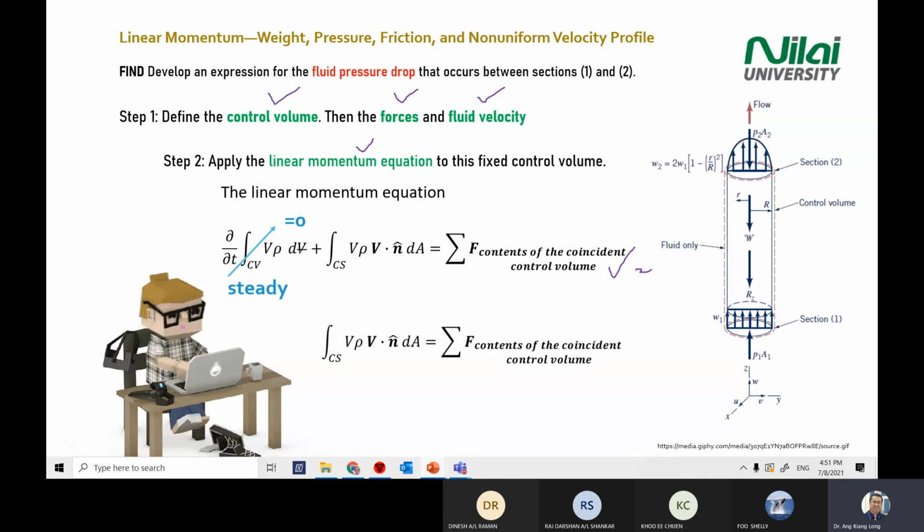Then you rearrange, and you reach this stage where you have an integration over the control surfaces, V rho V dot n hat. Write it properly in your answer as n hat. n hat is a unit vector, like what you write in your physics class; your i hat, j hat, k hat are the same. If you rearrange, you write this equation, and you get another point for the simplified equation.